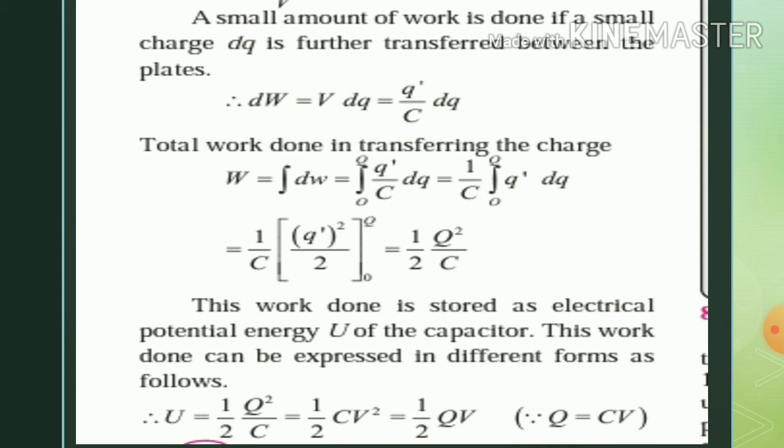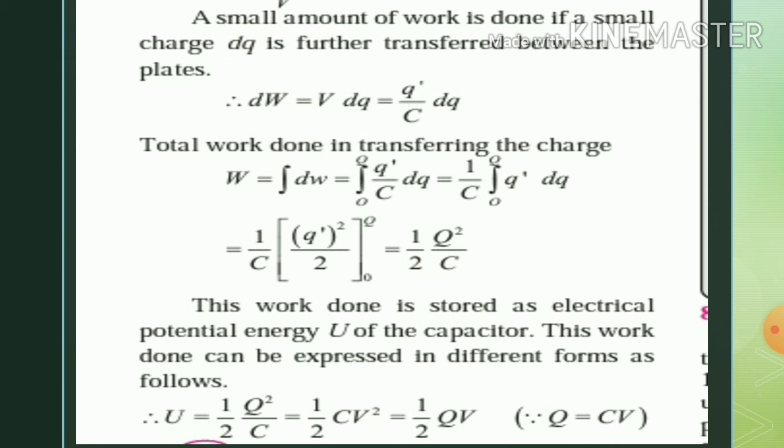So work done W is nothing but electrical potential energy, or energy stored in the condenser, U equals 1/2 Q square upon C. This is the electrical potential energy in terms of charge and capacitance.